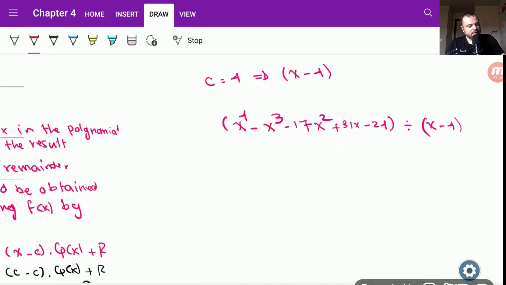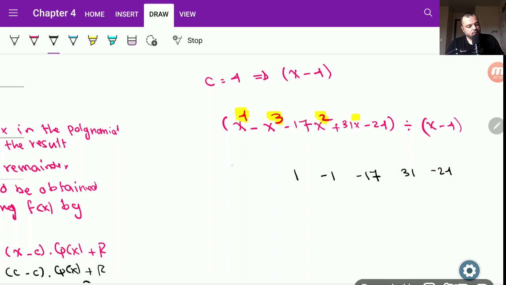I'm going to use the synthetic division, it's faster. So I'm going to take the coefficients of the terms of the dividend. So it's 1, -1, -17. Just I wanted to check, remember, x to the power of 4 is there, x cubed is there, x squared is there, x to the power 1 is there, everything is there. So we're going to continue. This is 31 and this is -24.